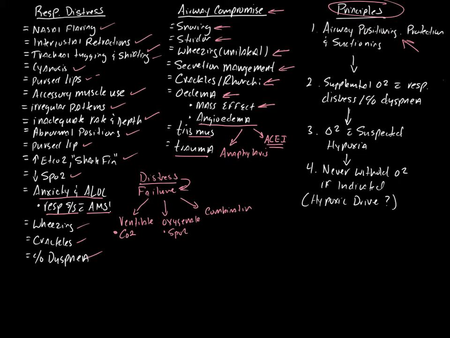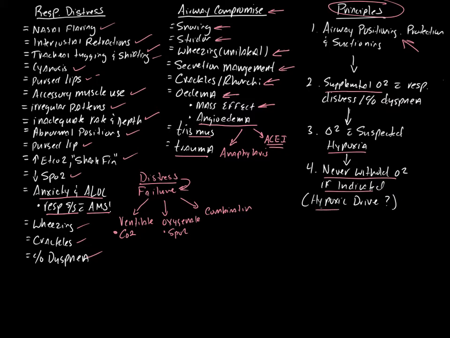If somebody has an airway full of junk, you may need to suction it and then begin bagging, right? Clear the airway and then begin breathing. Okay, supplemental oxygen, right? Give them oxygen if they have respiratory distress, complaints of dyspnea, or you suspect hypoxia. And then I just want to emphasize this, never withhold oxygen if indicated. If you think it's indicated, give it. We can figure out later how to titrate it up and down and all that.